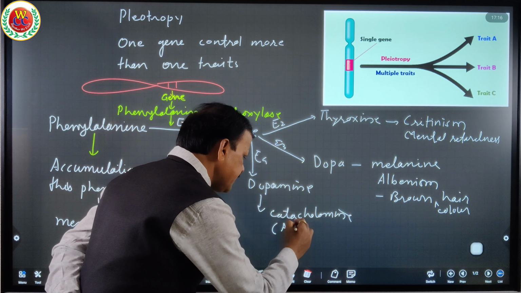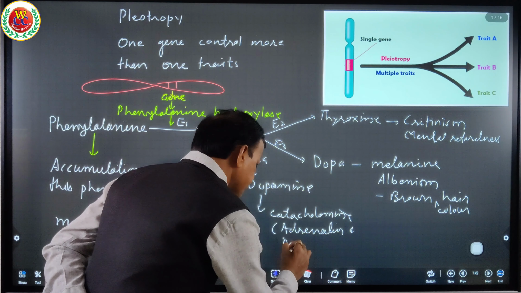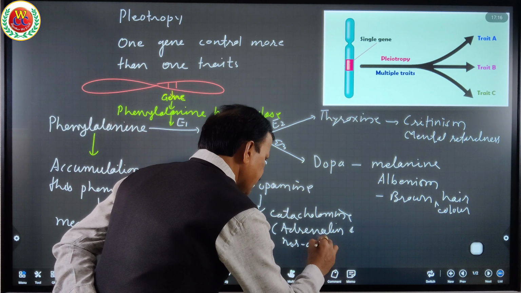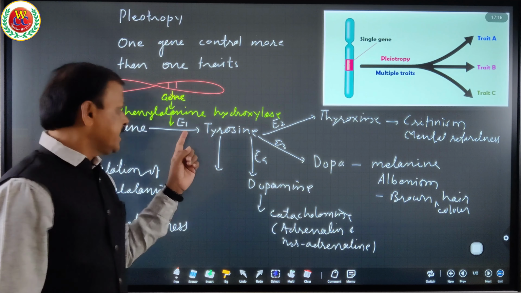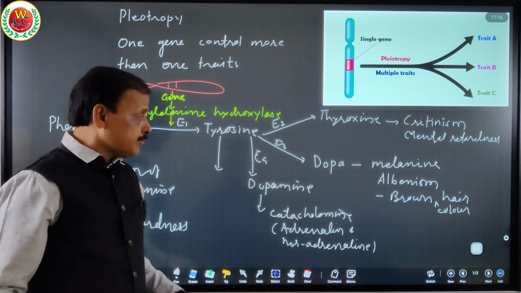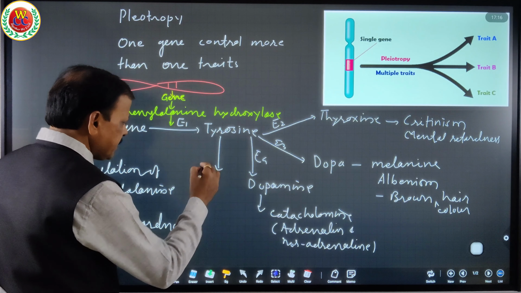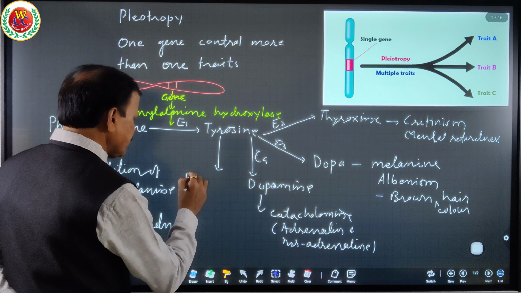These are adrenaline and noradrenaline. So you can see here, if enzyme E1 is absent, these many products will not be produced, meaning this many traits will be affected. One more trait: tyrosine is converted into homogentisic acid.